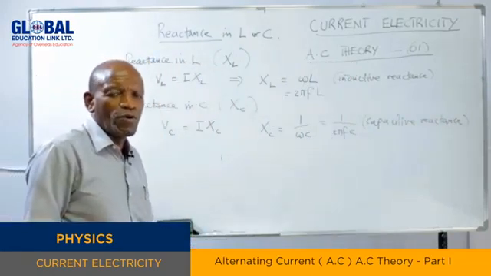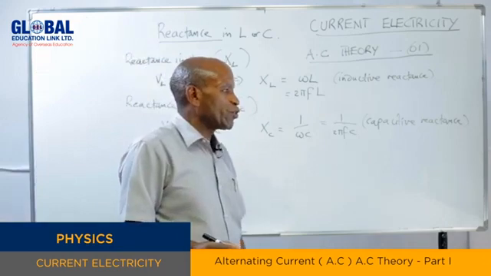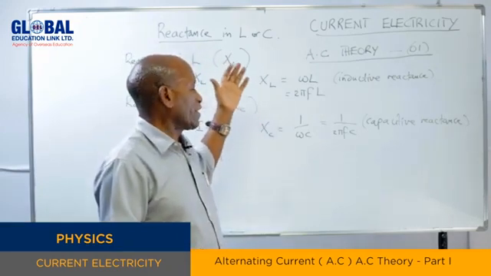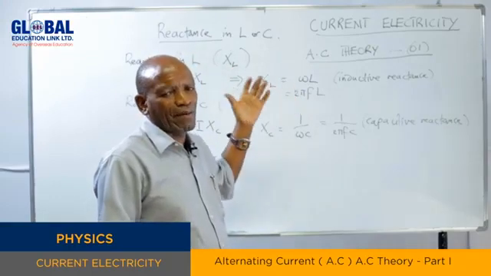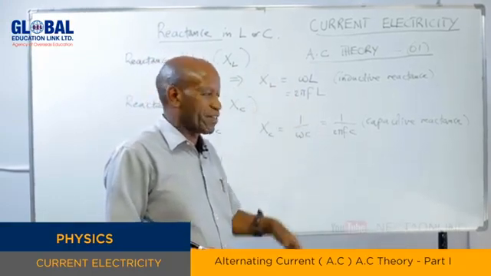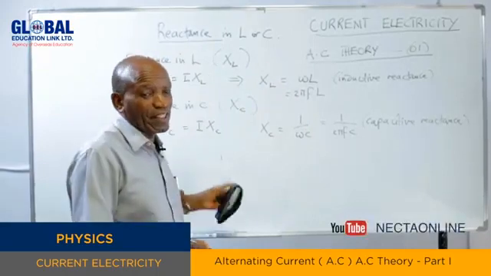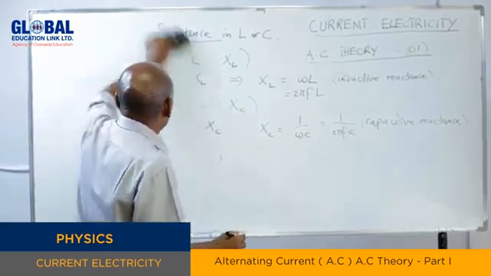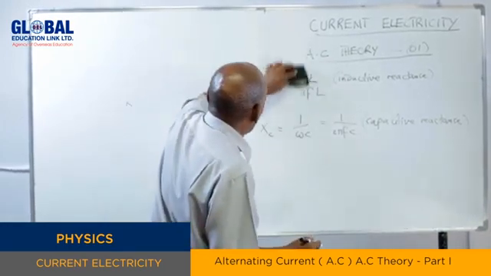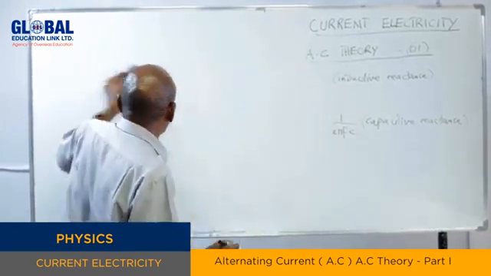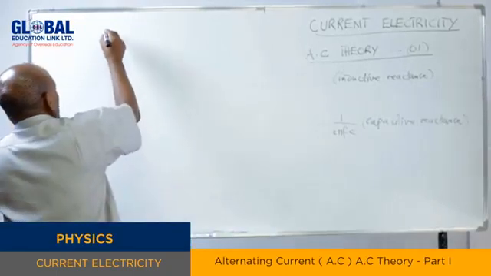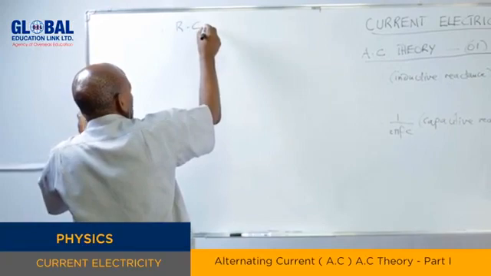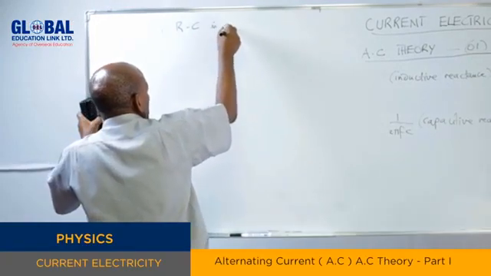Okay, students, now I need to take you to circuits having a resistor, an inductor, and a capacitor connected in series. We shall discuss 3 cases at this part. First, a resistor and a capacitor connected in series.